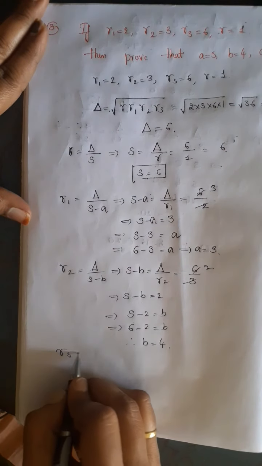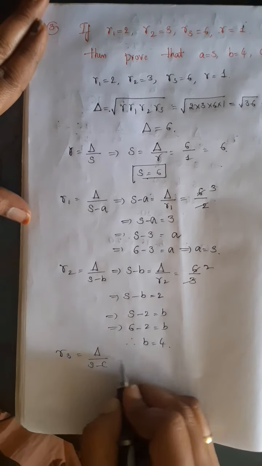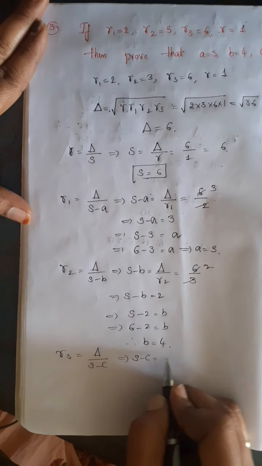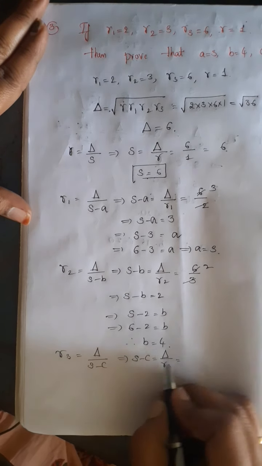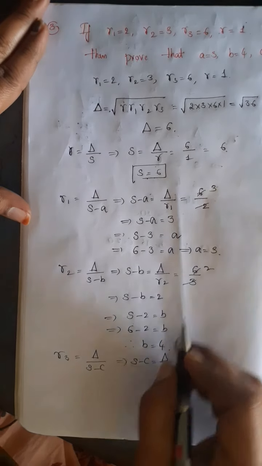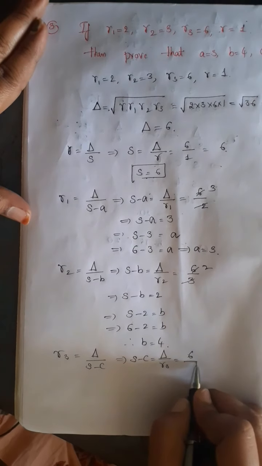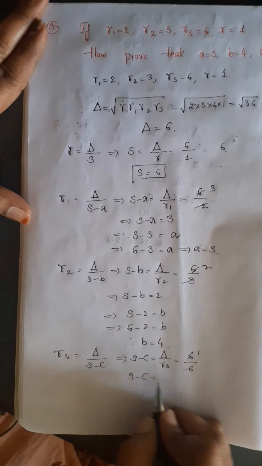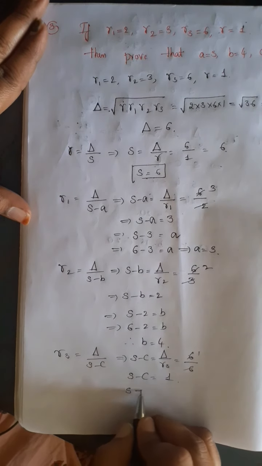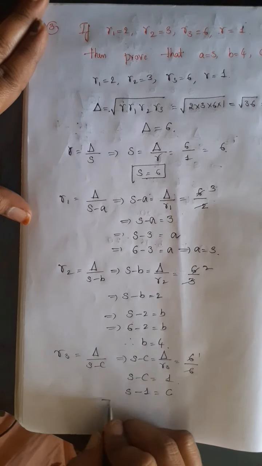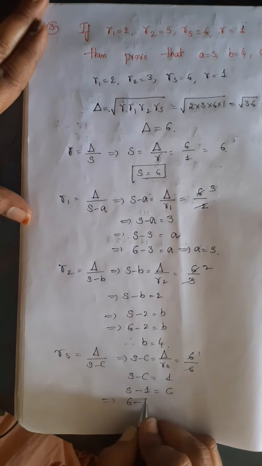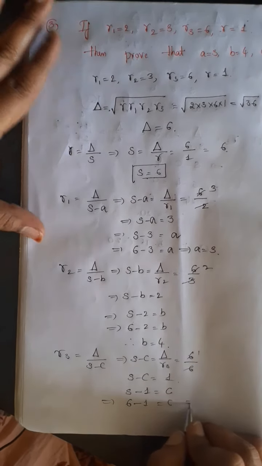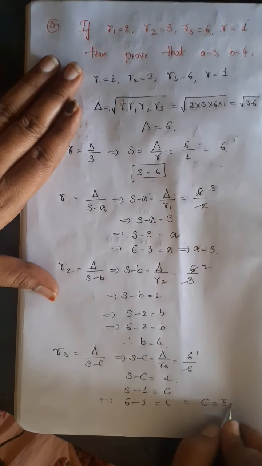And similarly, R3 is equal to delta by S minus C. That is nothing but S minus C is equal to delta by R3. Delta value is 6, so 6 by 6, this value is 1. So S minus C is equal to 1. So S minus 1 is equal to C. You substitute S value, 6 minus 1 is equal to C. Therefore C is equal to 5.